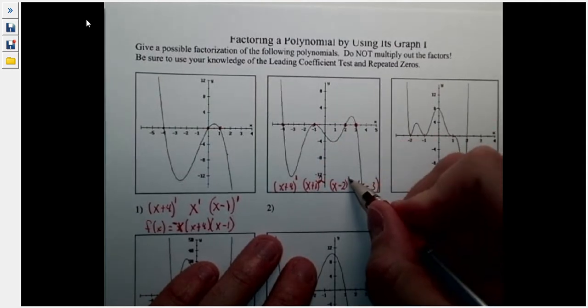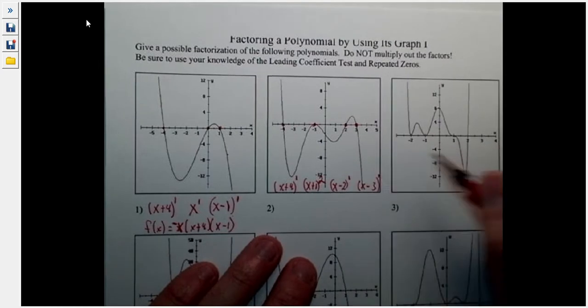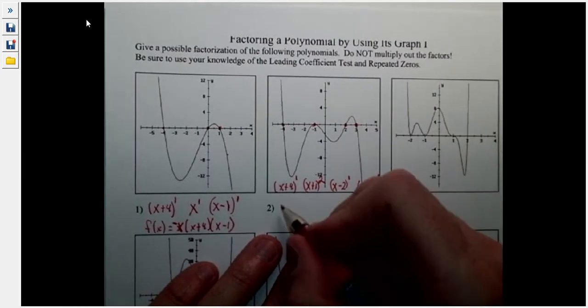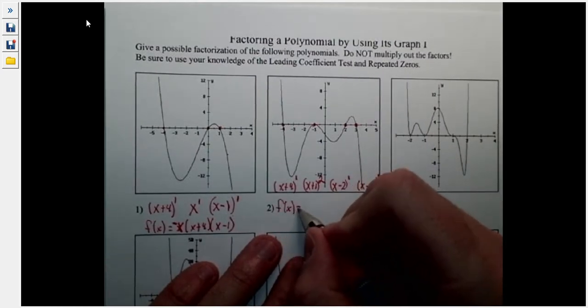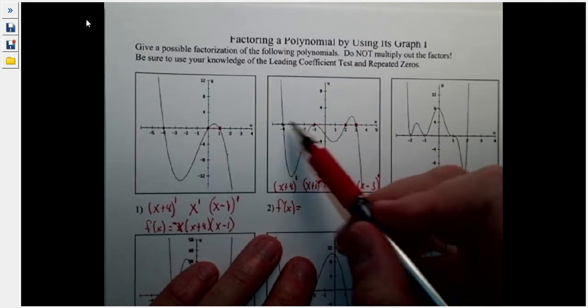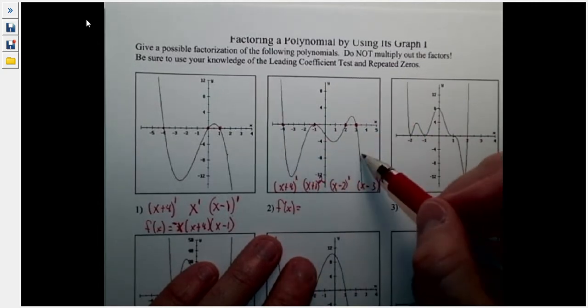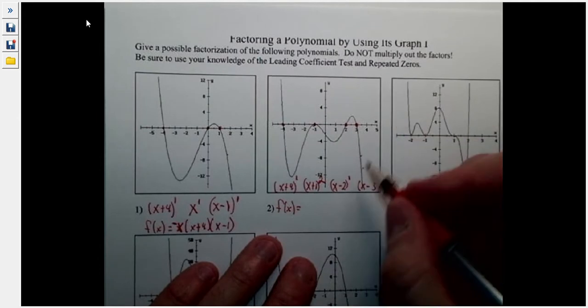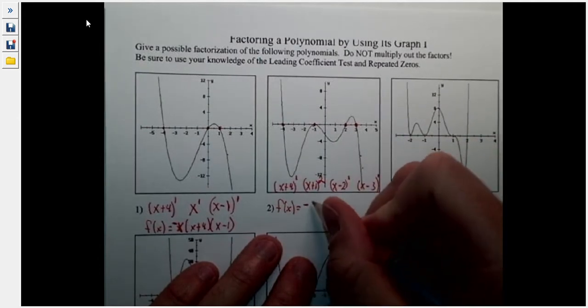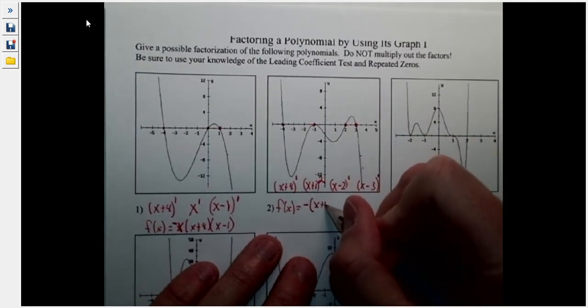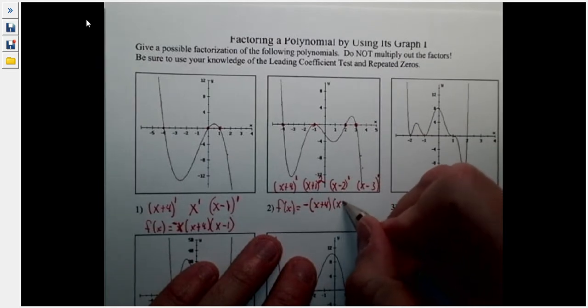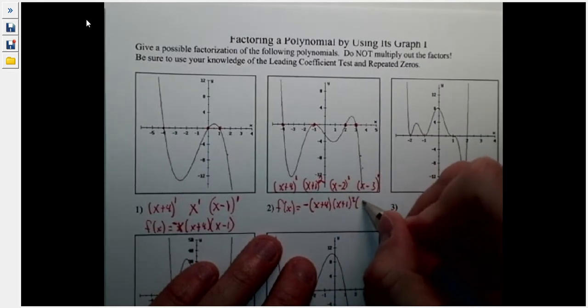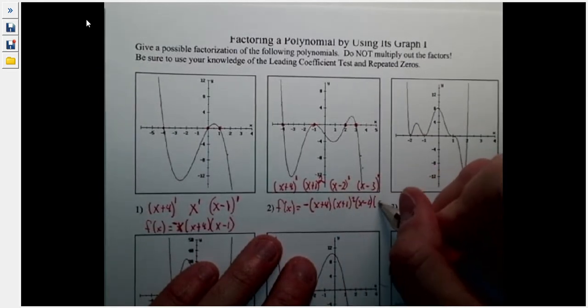This one crosses linearly, this one crosses linearly. Now look at my end behavior. This is an odd polynomial. It goes down on this side, up on this side, which means my leading coefficient is negative. So I get x plus 4 times x plus 1 squared times x minus 2 times x minus 3.